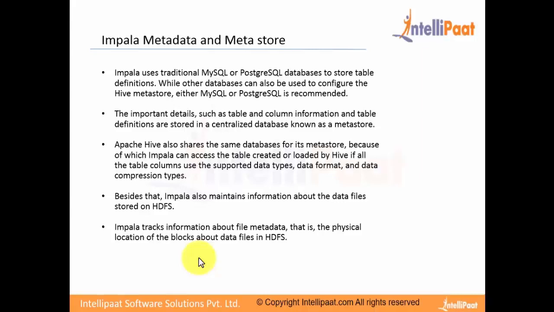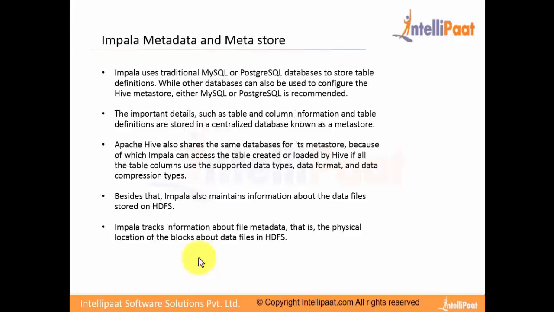Apache Hive shares the same database for its metastore, because of which Impala can access the tables which are created or loaded by Hive, if all the table columns use the supported data types and data formats that are supported by Apache Impala. Same is the case with the compression types in Impala and Hive. If they are compatible, they can be shared across the tools: a table created in Hive can be used in Impala, and a table created in Impala can be used by the Hive ecosystem.